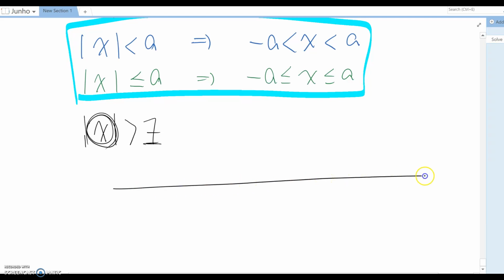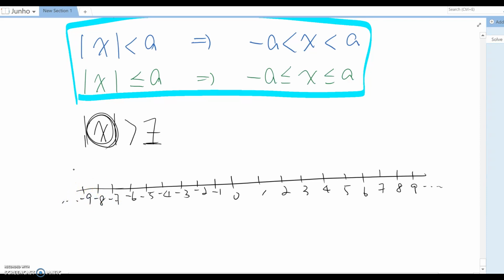So now just 0, 1, 2, 3, 4, 5, 6, 7, 8, 9, and then keep going, and then negative 1, negative 2, negative 3, negative 4, negative 5, negative 6, negative 7, negative 8, negative 9, and so on here.